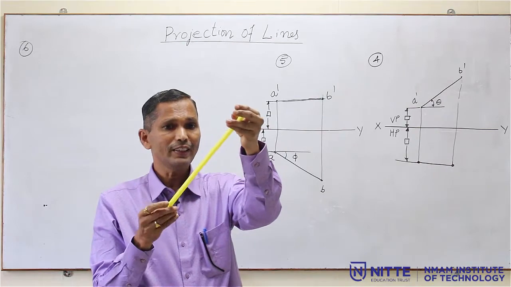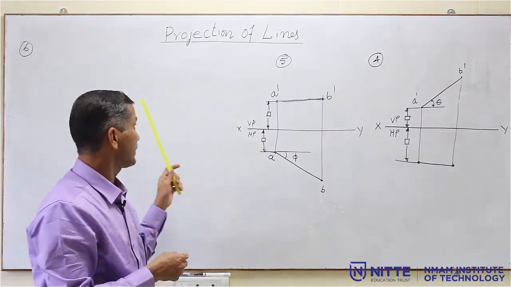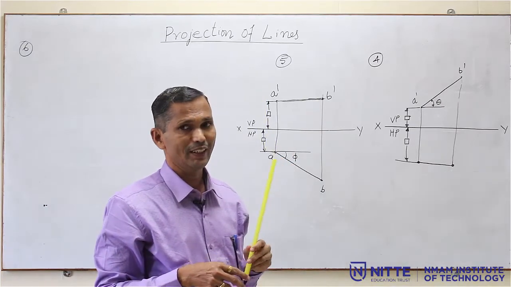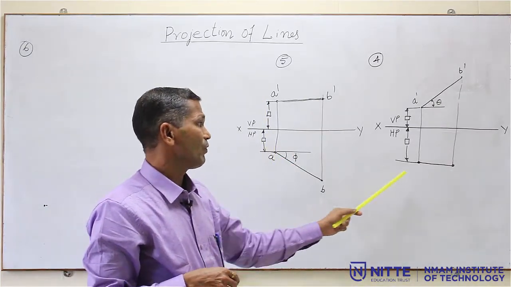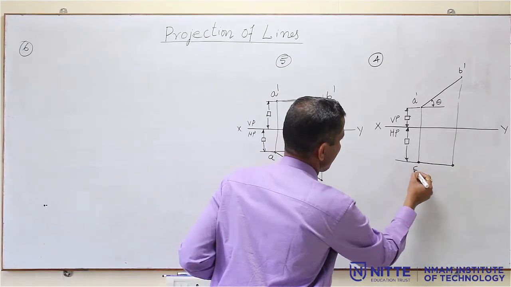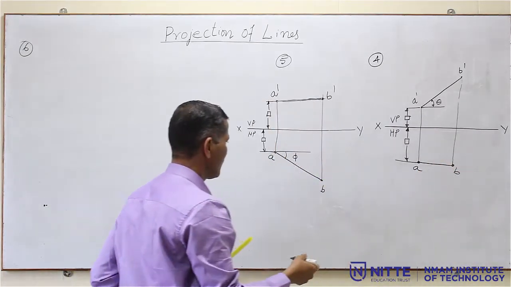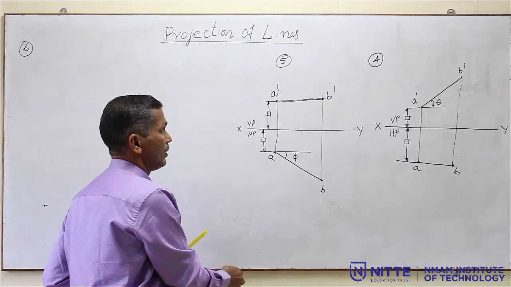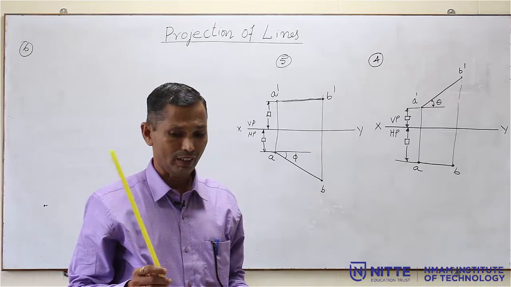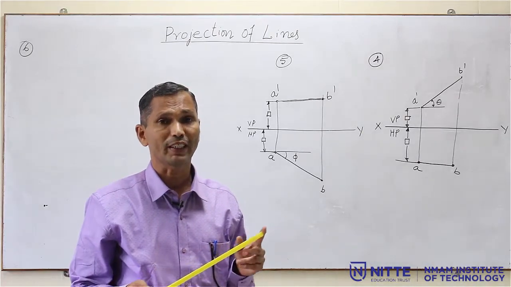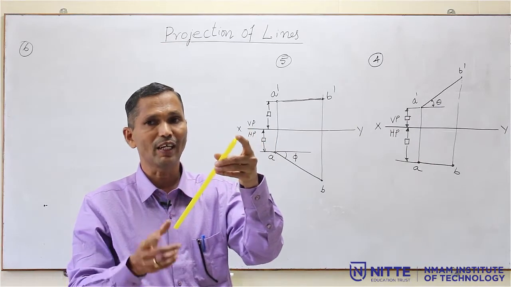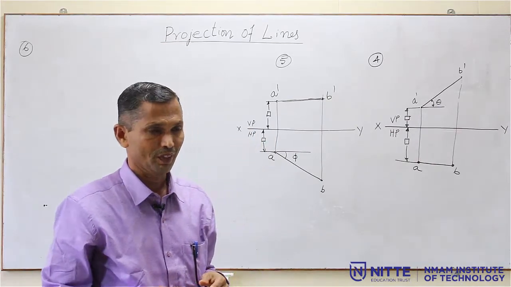That means, in this particular case, that is case number 6, both the front view, that is A dash B dash, and the top view AB, both are apparent length. That means, they are not the true length. We do not know what exactly the length of that is. Only the length of the line is given, but the top view length and front view lengths are not known.